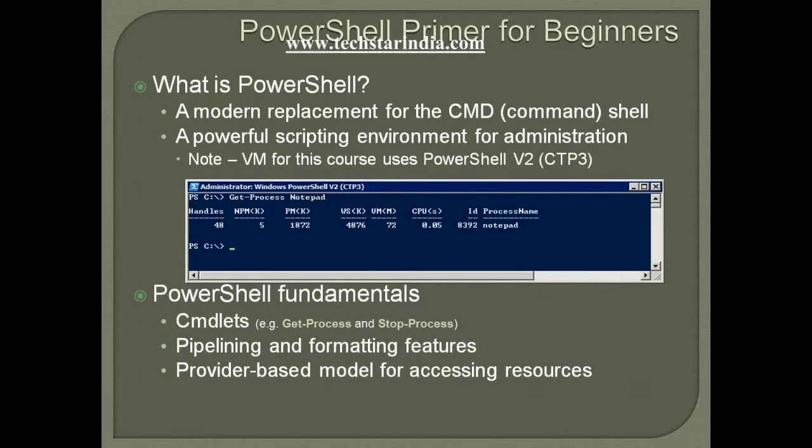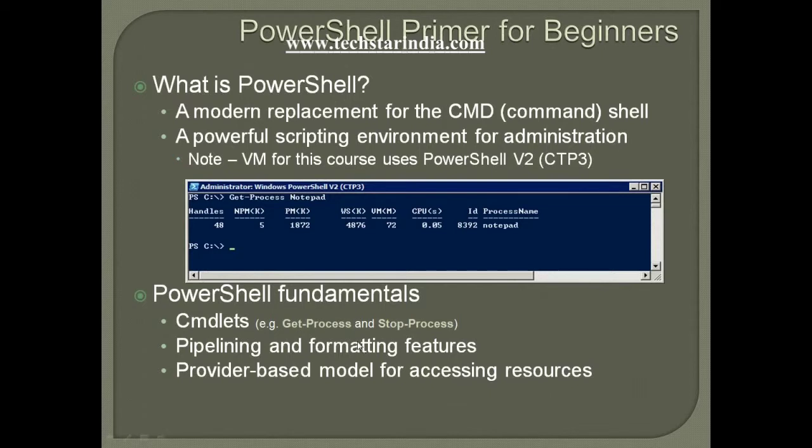Note that the current version we will be using is PowerShell version 2. Now the PowerShell fundamentals. Every PowerShell operation is called a commandlet. In DOS, which means the command prompt, we normally call it a command, like STSADM.exe. Here all the operations will be performed by commandlets.